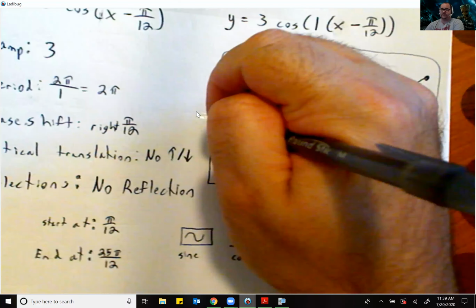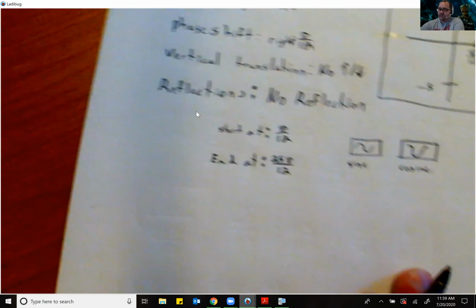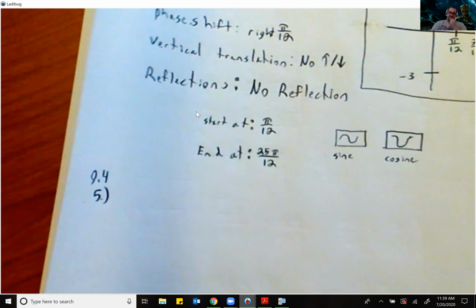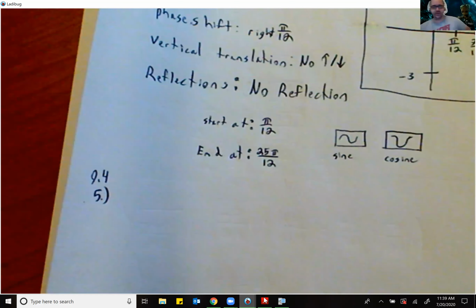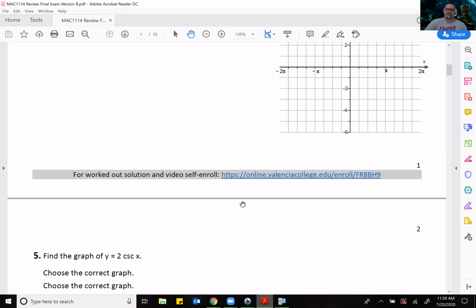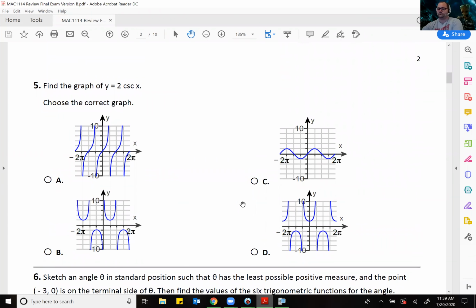Number 5, as I said, is 9.4. That's where it's coming from. And this time we're going to graph a cosecant graph. So y equals 2 cosecant x. Oh, good. Not that bad of a graph.